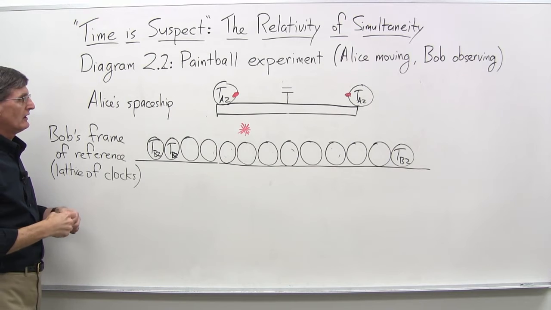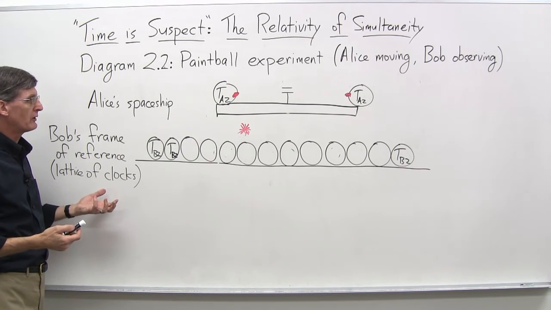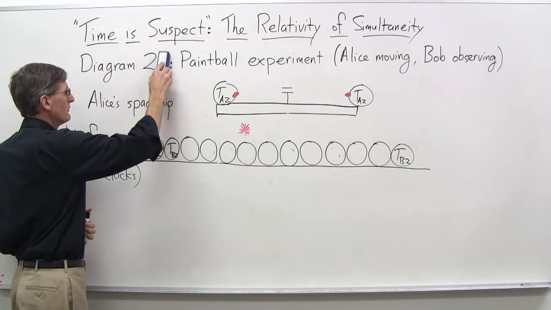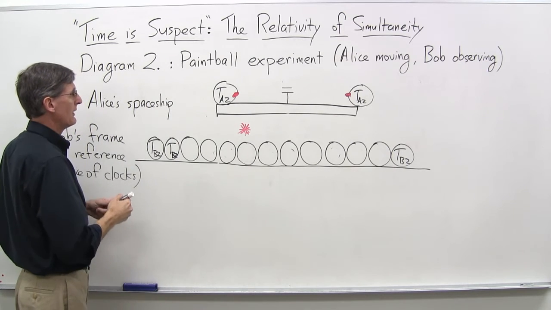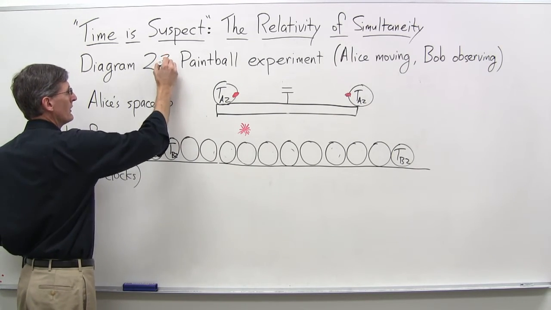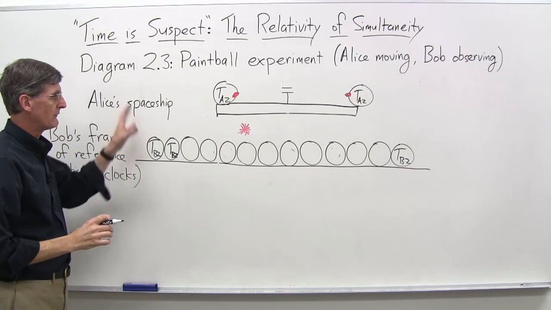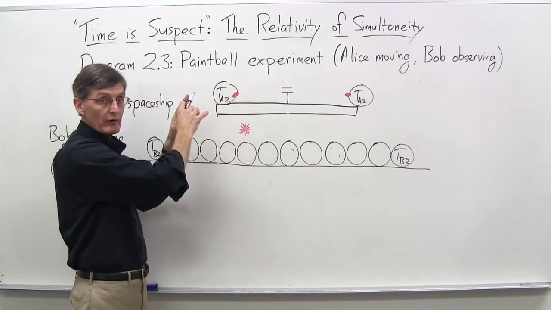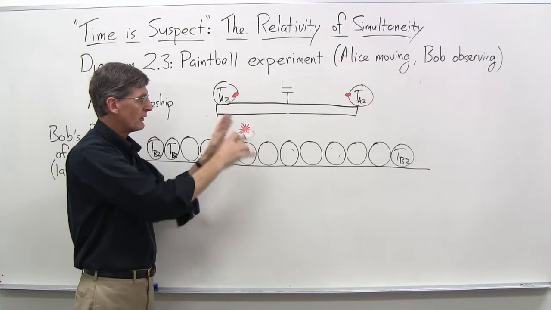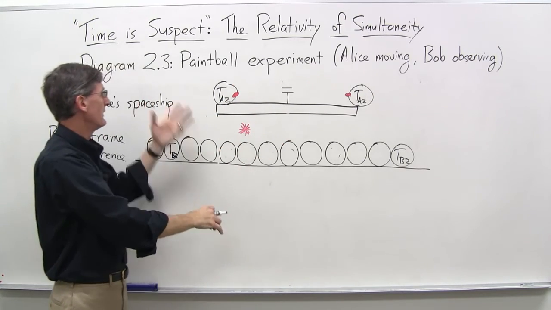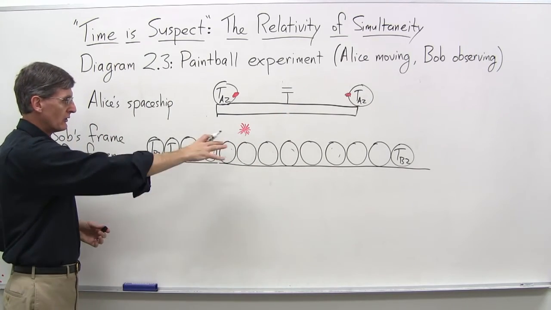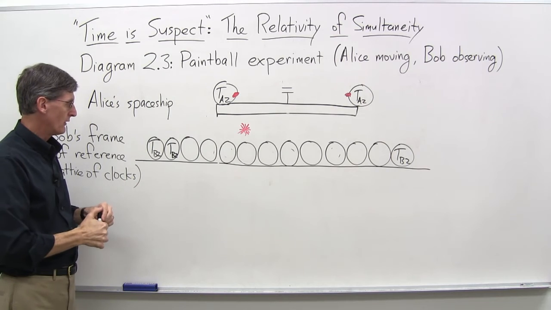Okay, so that's diagram 2, our paintball experiment, and really, just to be precise about this, the diagram we have on the board now is diagram 2.3. So we did the diagram first when they're right here, and the paintballs were shot off. Then halfway through, when the paintballs were in transit, and then diagram 2.3 is when they actually hit. And you see something very similar to this on your handout.